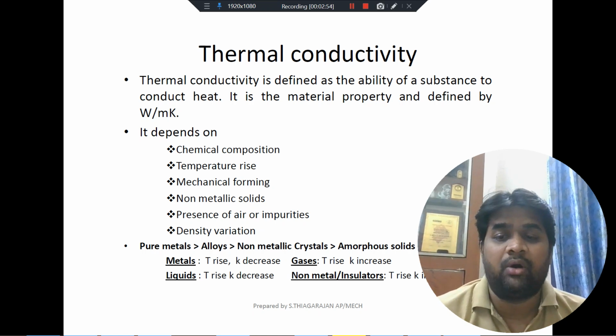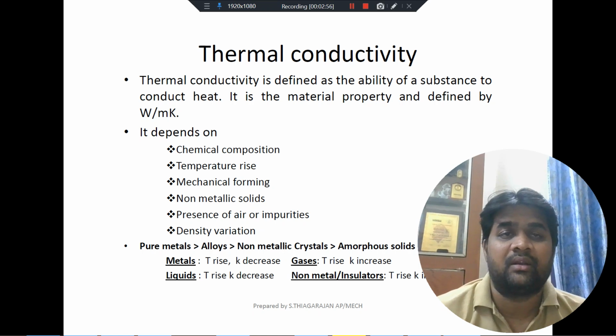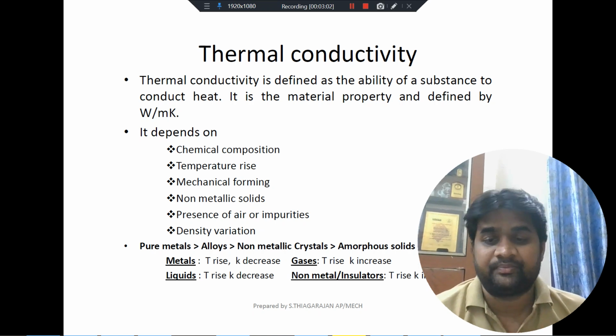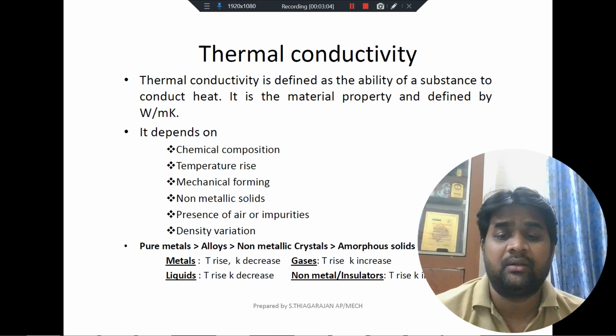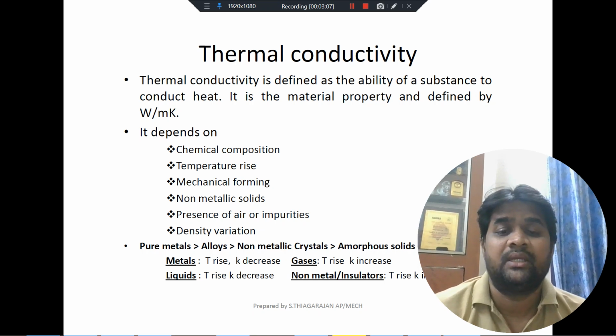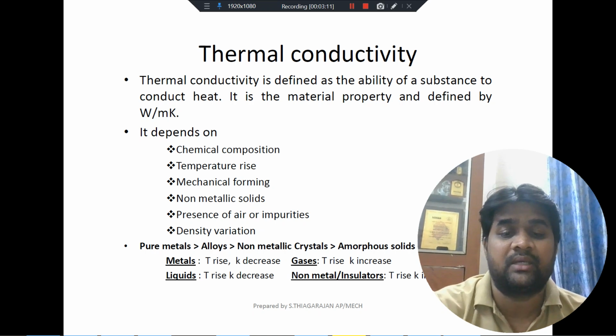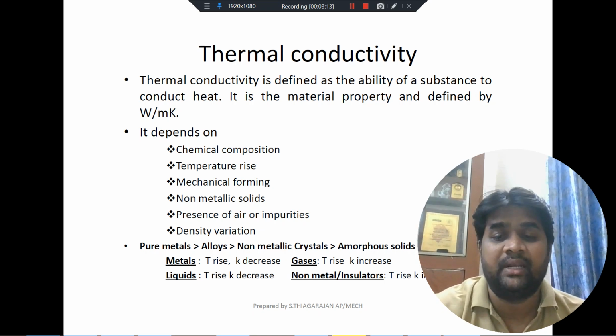The chronological order from higher thermal conductivity to lower thermal conductivity is as follows. The first one is metals, then alloys, then non-metallic crystals, followed by amorphous solids, then liquids, gases, and insulators.